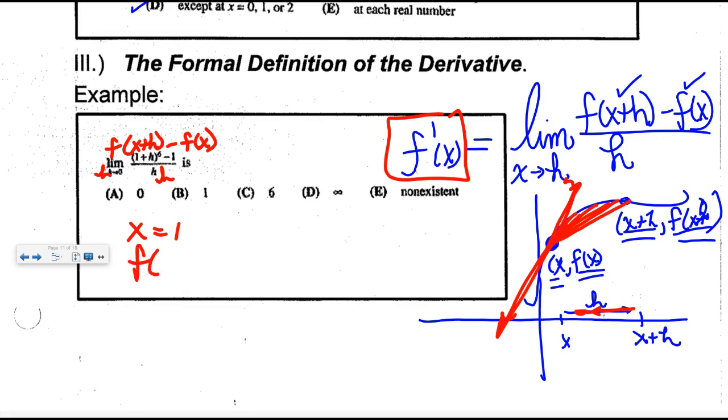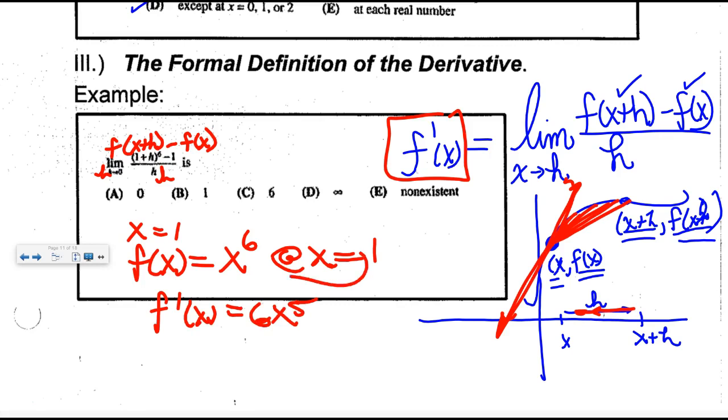So my function is f of x equals x to the 6th at x equals 1. So what's its derivative? This is the formal definition of the derivative, but with my power rule, I know that's 6x to the 5th, and at 1, it's a 6. So you just have to figure out who's the function, and at what value am I evaluating it.